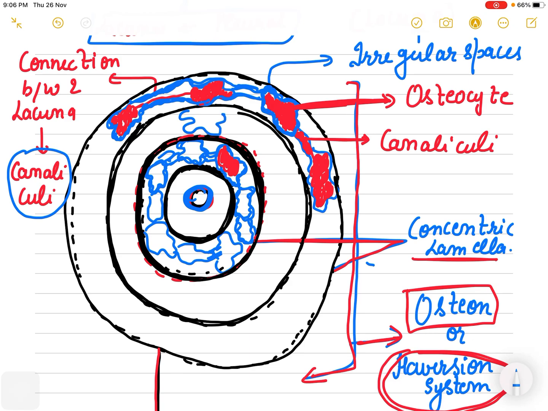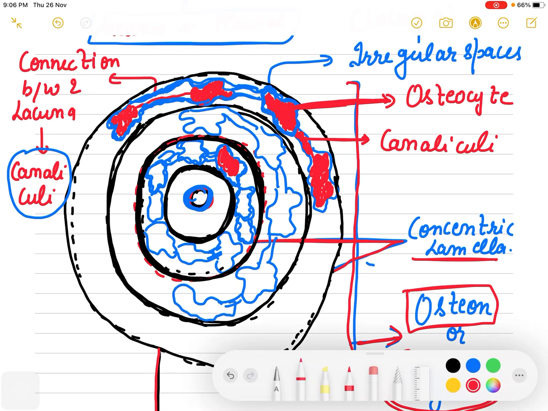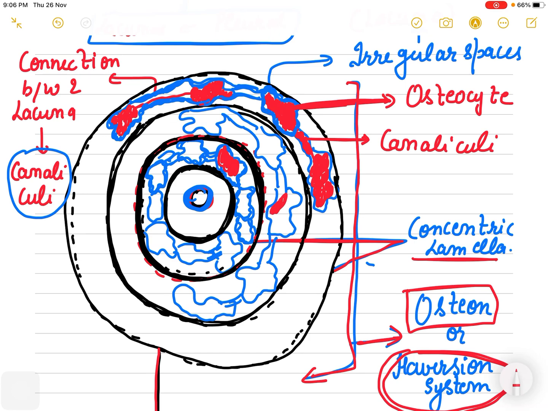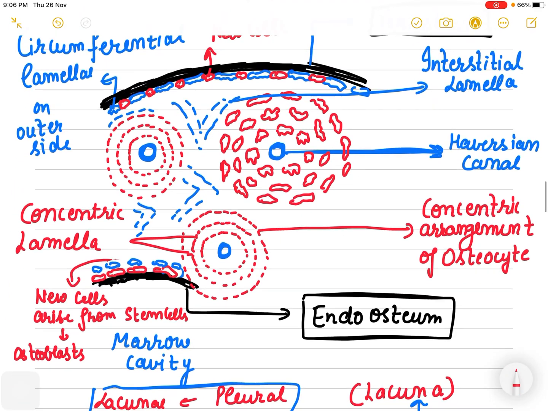These spaces are connected to each other, and they are known as lacunae, and the connection through which the lacunae are connected is known as canaliculi. And in between these lacunae there are osteocytes. This much is clear. The Haversian system is clear to us.